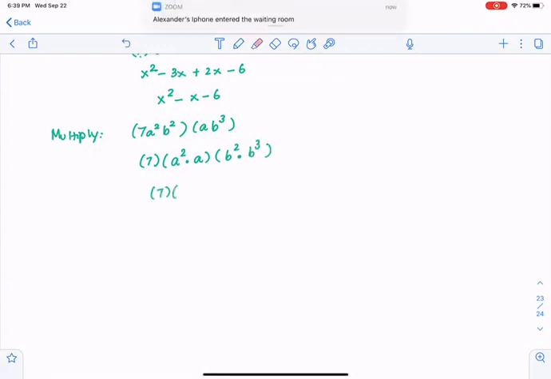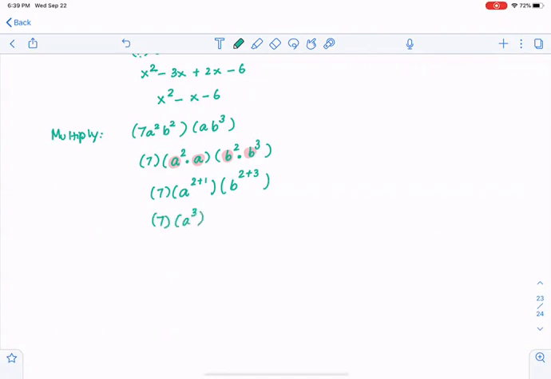The bases are identical, so we add the powers, a raised 2 plus 1. Bases are identical, we add the powers, b raised 2 plus 3. So we would end up having 7, a cubed, b raised 5. Now we can get rid of the parentheses, so we would have 7a cubed b raised 5.